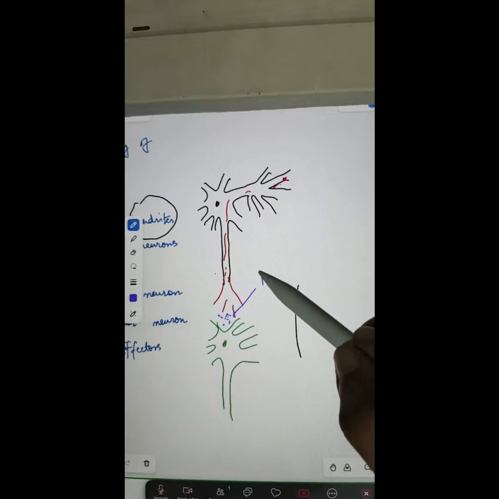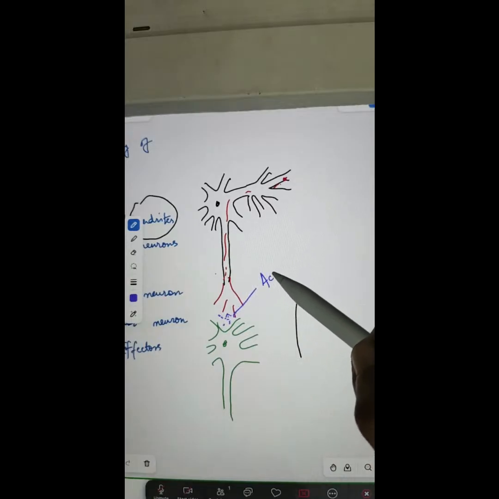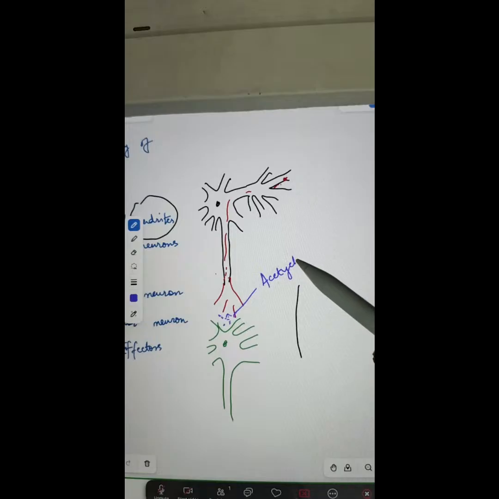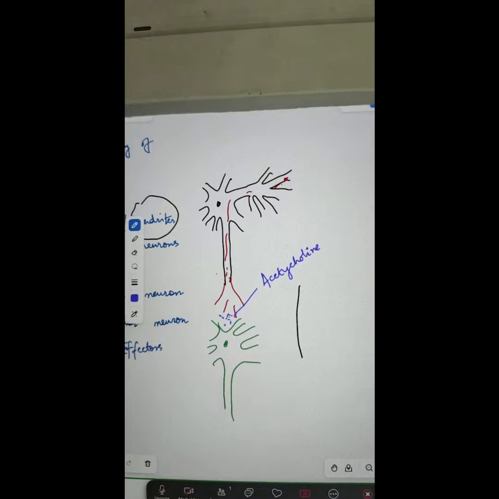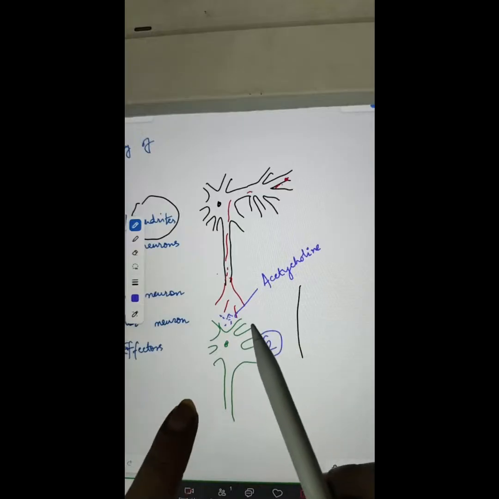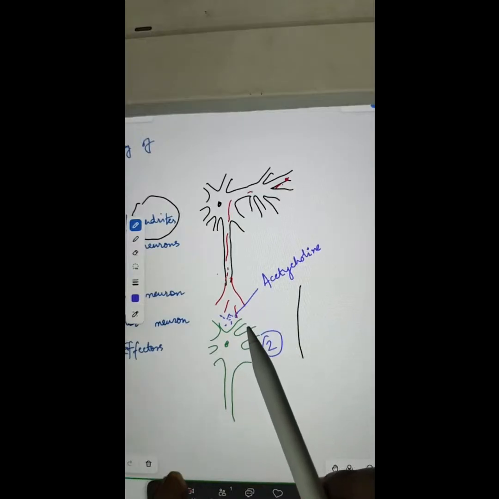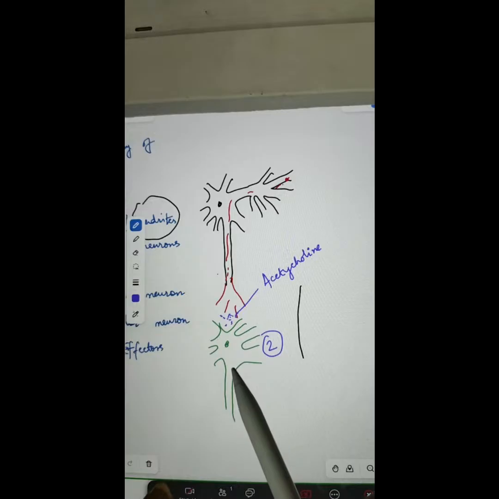Generally, this chemical which is released at the synaptic region is known as acetylcholine. So this chemical is released in the synapse, and once it needs to travel along this neuron number 2, it will again pass on with the help of dendrites, dendrons, cyton, axon, nerve ending.